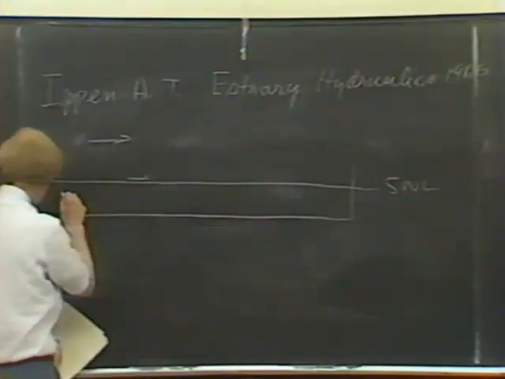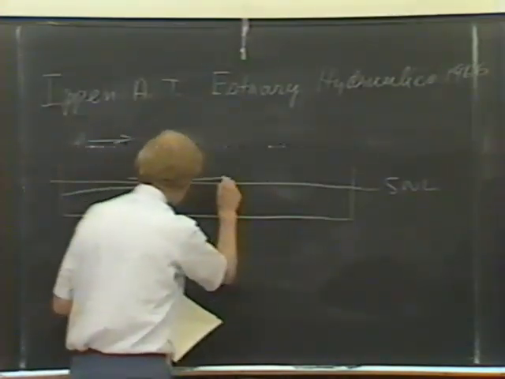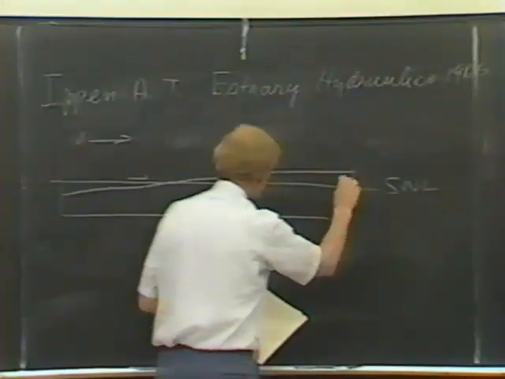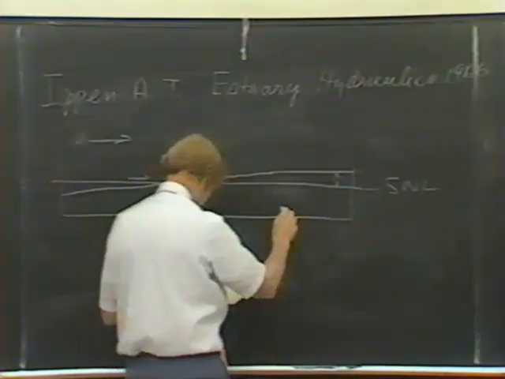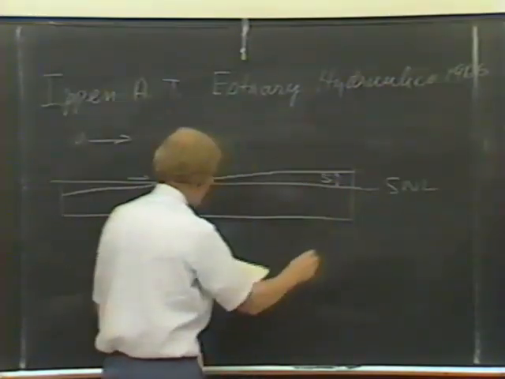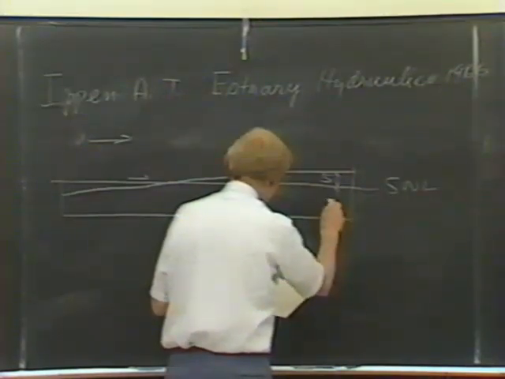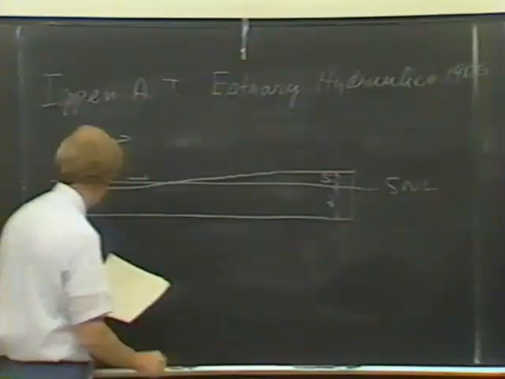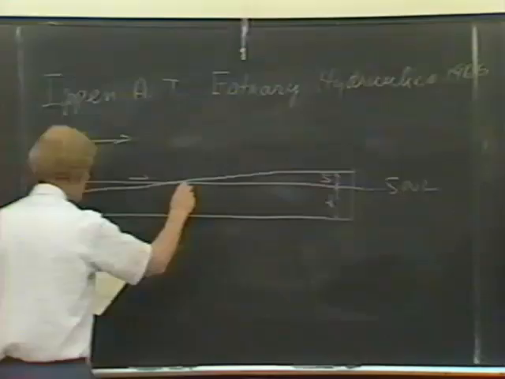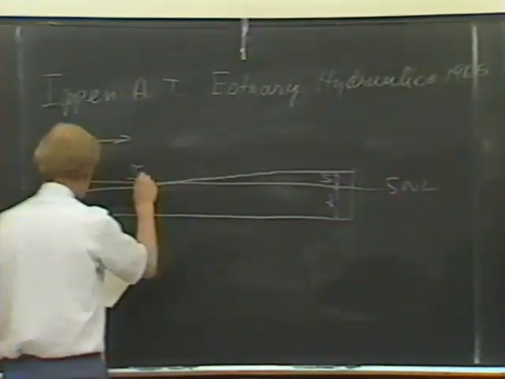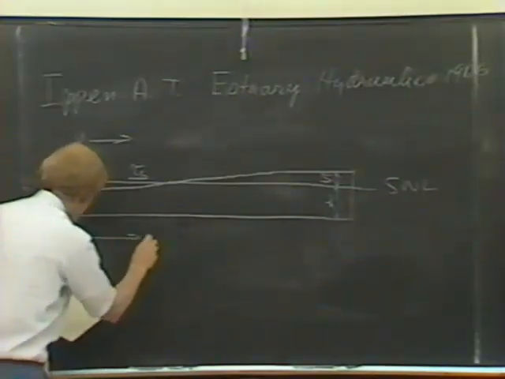I'll give it this symbol S. And this we'll call H. And the wind stress on the surface we'll call tau sub S. And this distance here is X. And the total distance we'll call L.